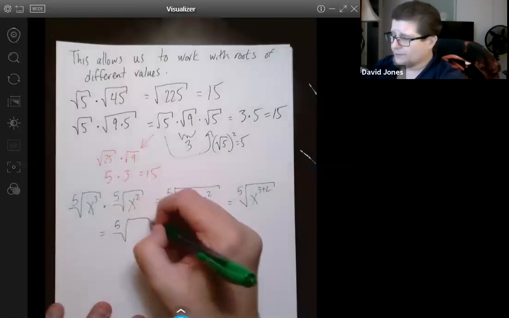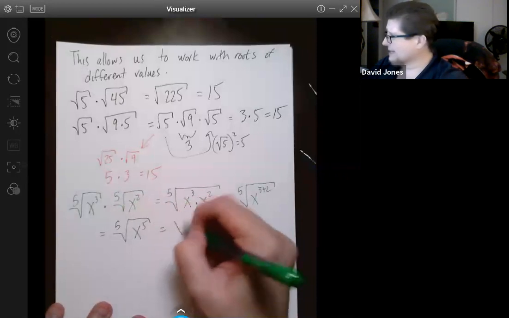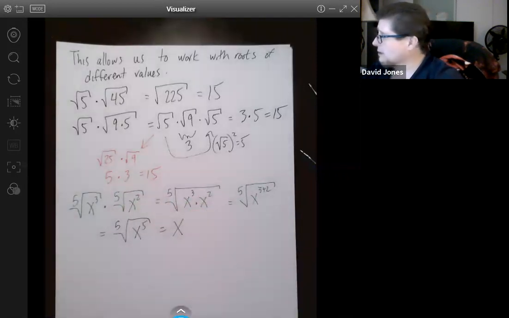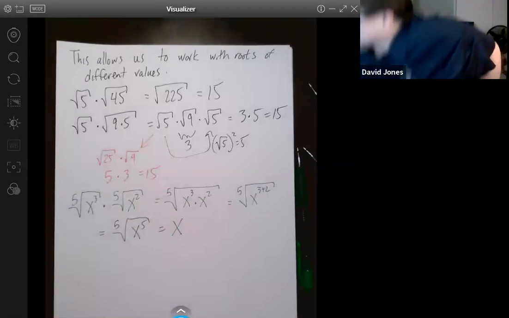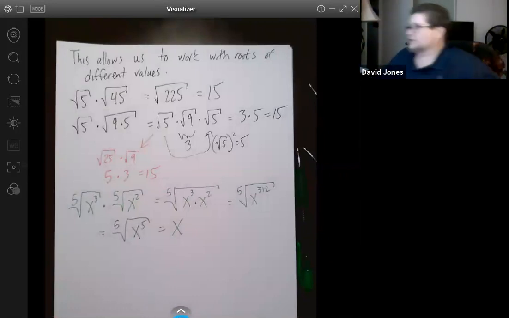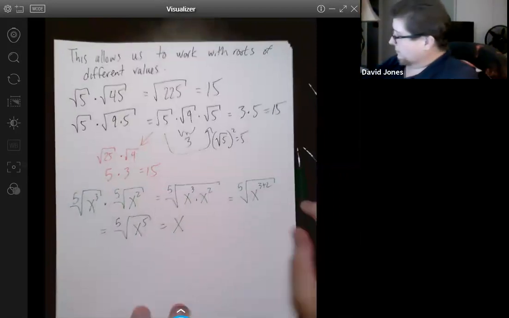And I've got the 5th root of x to the 5, and that's x. Okay. This can make doing some operations easy.